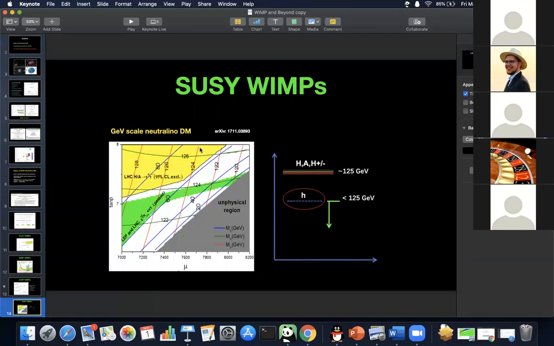In this plot, we show the surviving parameter space for the alignment limit without decoupling in the MSSM. You can see it is a very, very narrow range. It requires a very low value of tan beta and a very large Higgsino mass.